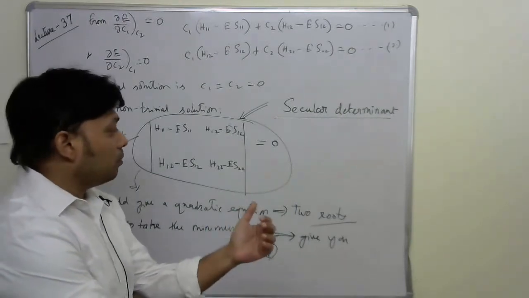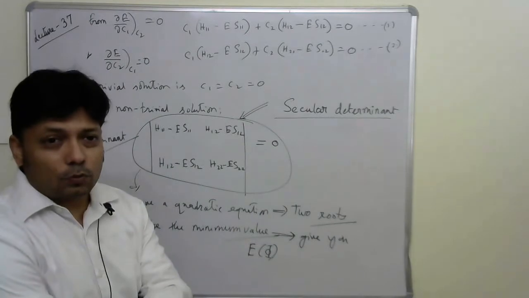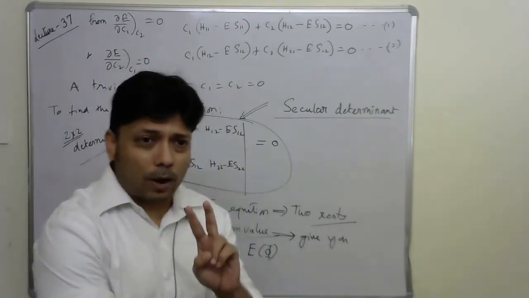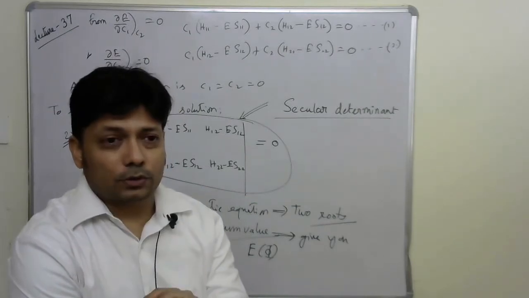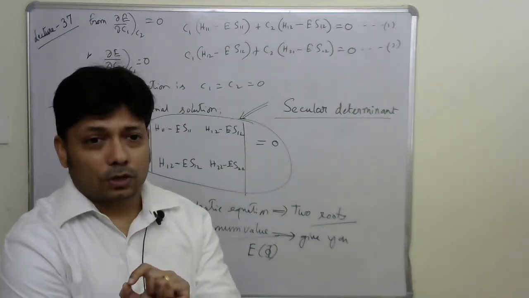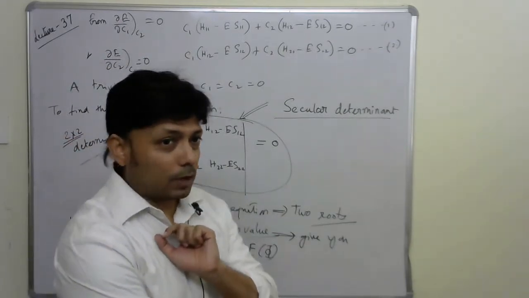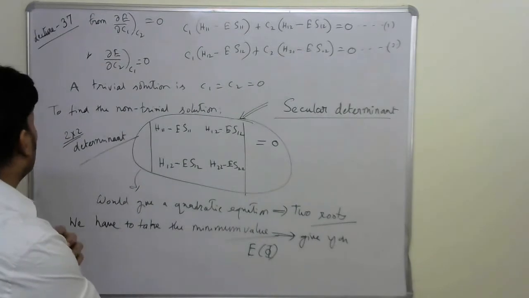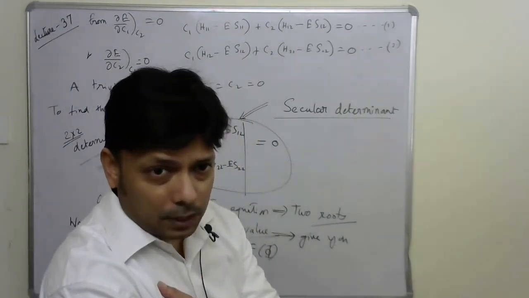So a secular determinant gives you a secular equation. Solving a secular equation, you will have two values as the square root of something, and from those two values we have to always choose the lesser of the values, which would give us the energy minimum, the ground state energy that we are looking for from the variational method.